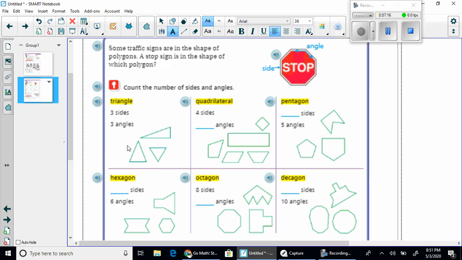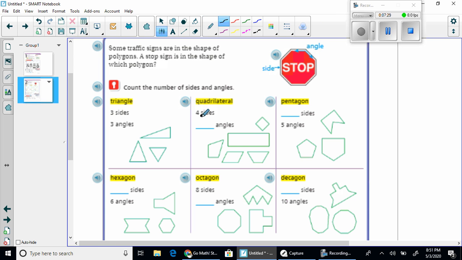We know that a triangle has 3 sides and also has 3 angles. A quadrilateral has 4 sides and it also has 4 angles. All right, so a pentagon has 5 angles and therefore it would have 5 sides.